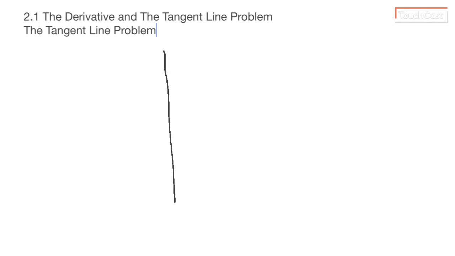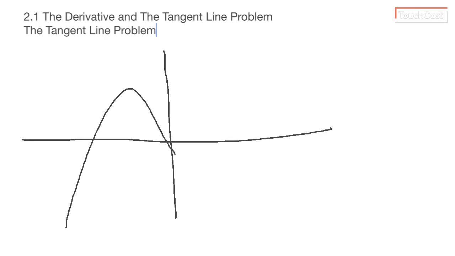If we look at the graph of, let's just say, any old curve, we are looking for, given a point, what is the slope of the line that's tangent to the curve at that point?